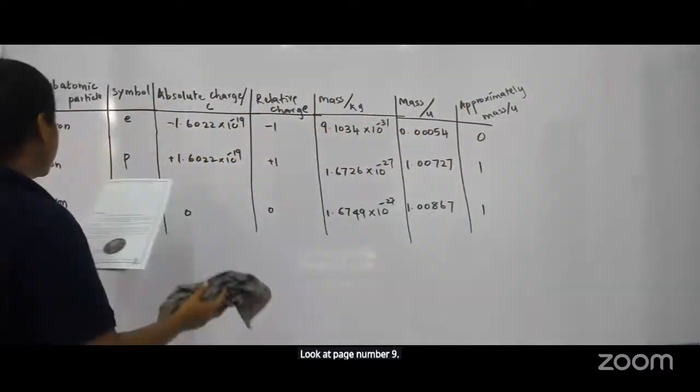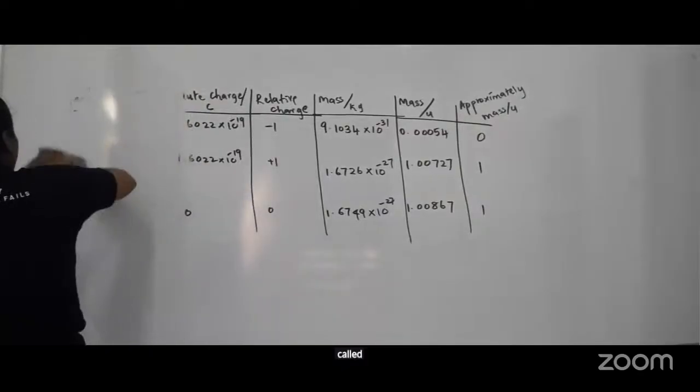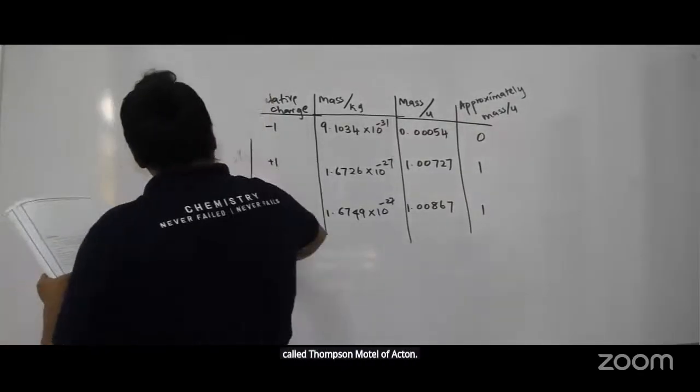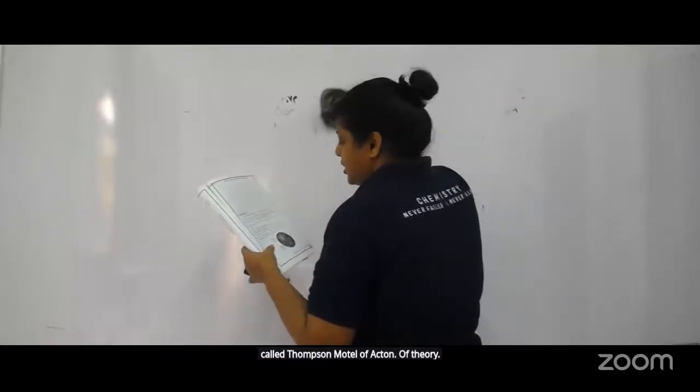Atomic model, J.J. Thomson's model, called the Thomson model of the atom or plum pudding theory.